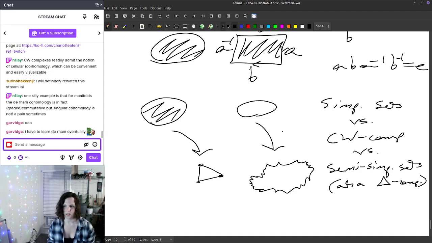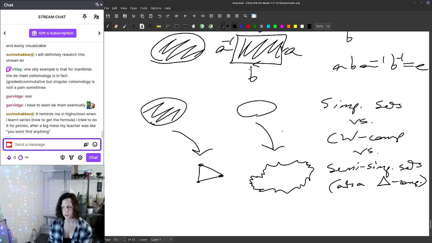So these things are all the same in some specific senses, but even when things literally give you the same answers and the corresponding rings are isomorphic, it's not always going to be just as easy to do it one way as it is to do it the other way.